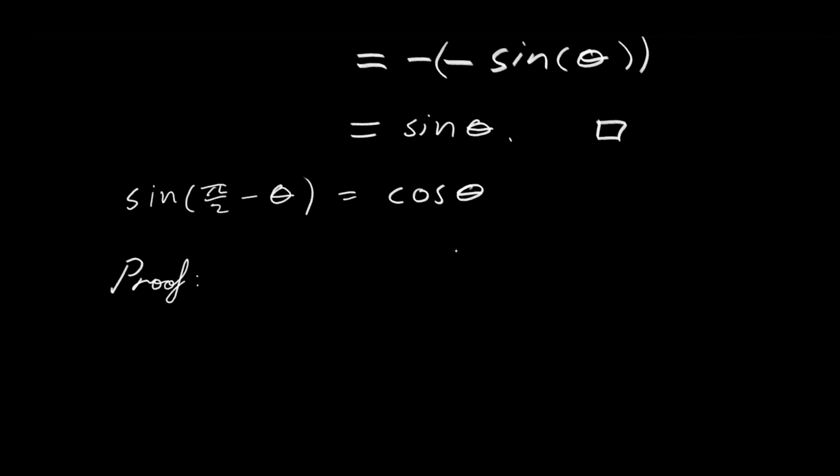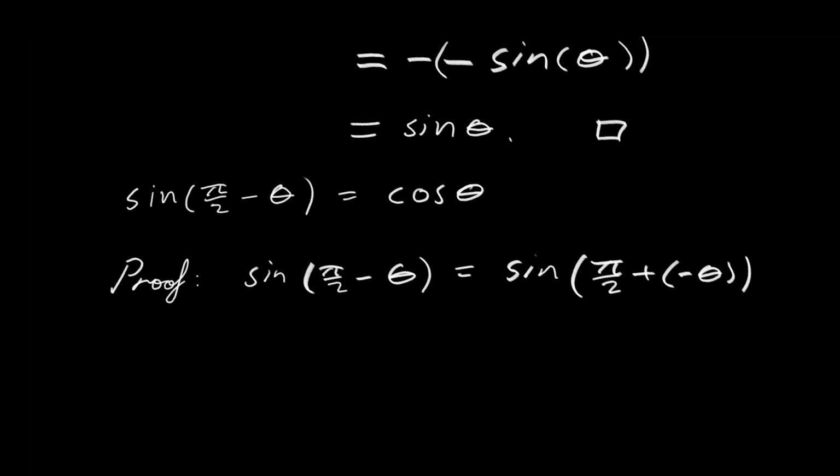We can write this difference of angles in the argument of the sine function as the sum of two angles: pi over 2 plus some other angle, which happens to be negative theta.